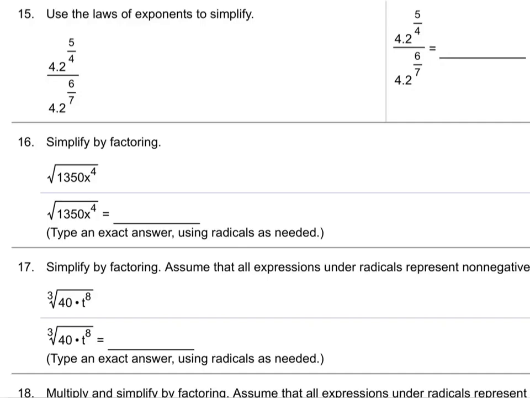Number 15. All right, laws of exponents. We have 4 to the 5/4 and 4 to the 6/7. Same base, different powers. What's the rule when you have same base, top and bottom, with different powers? Well, let's think about it. The rule is this.